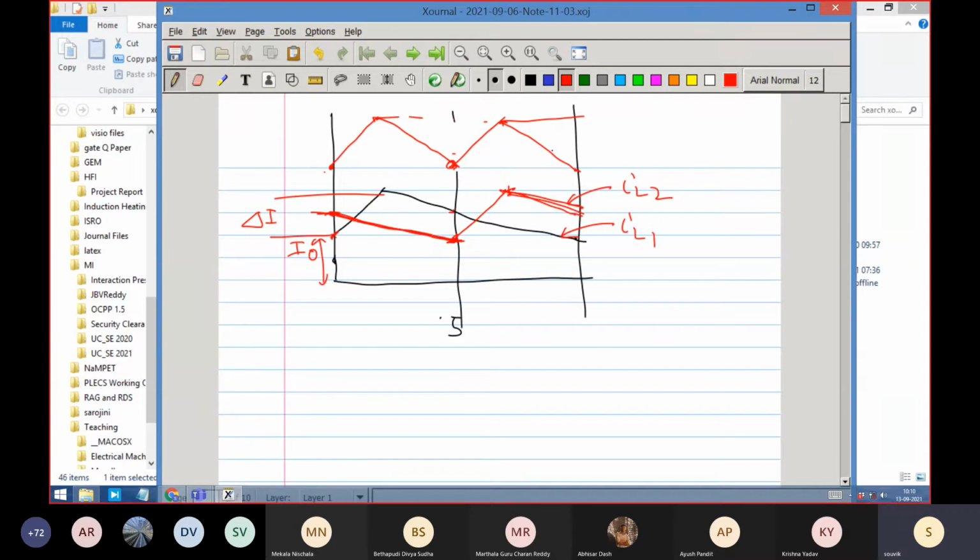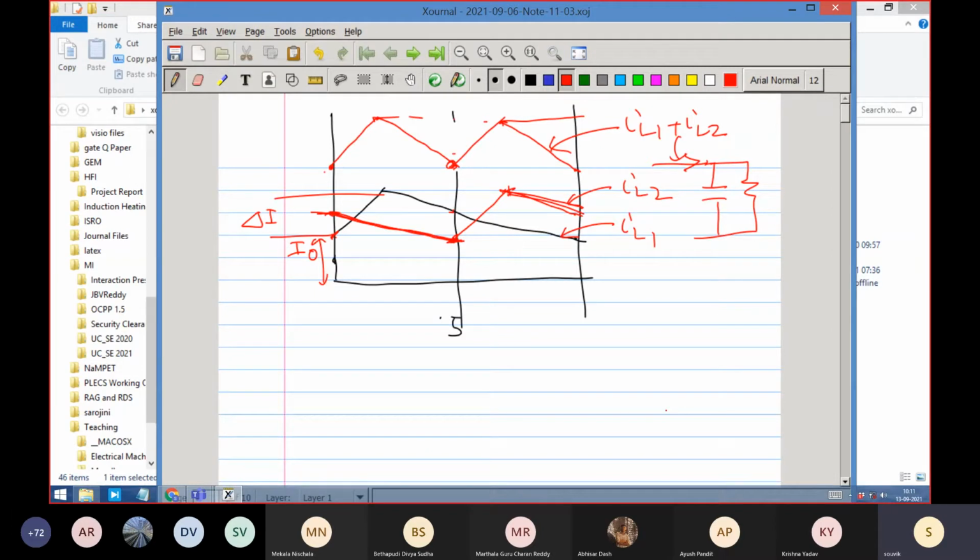This is nothing but IL1 plus IL2, which is being seen by the capacitor. The capacitor node is getting this current. And it is double frequency.